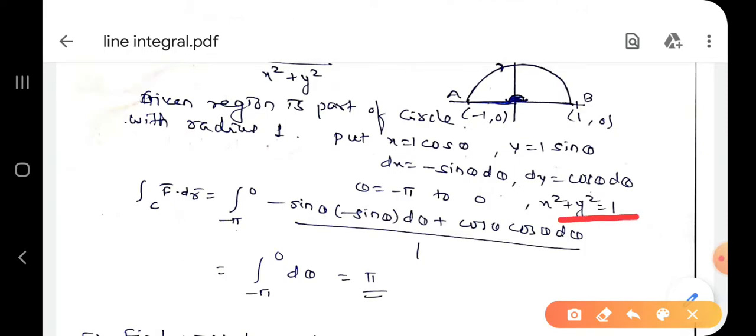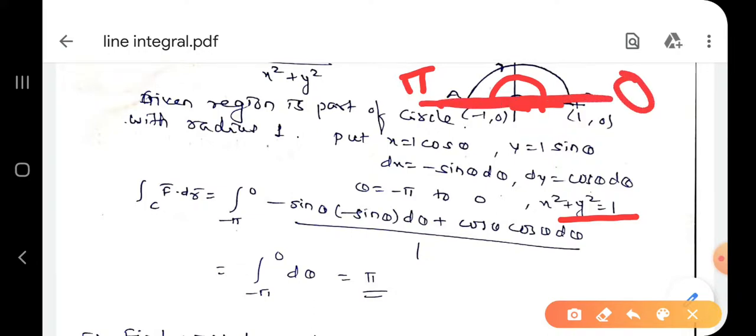Okay, no problem. Now, the next part we have to concentrate on is the limit. How do we find limits? We move from A to B. If I take this as the starting point, what is this angle? The angle is pi. Correct? And this angle is 0 with the x-axis.